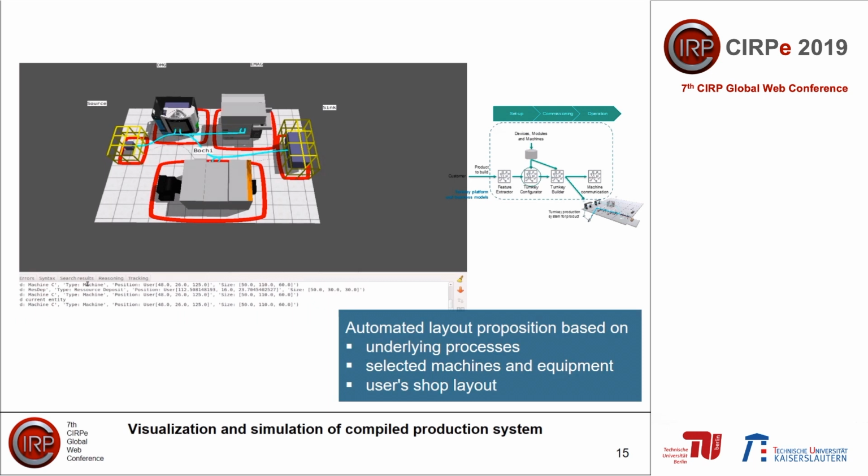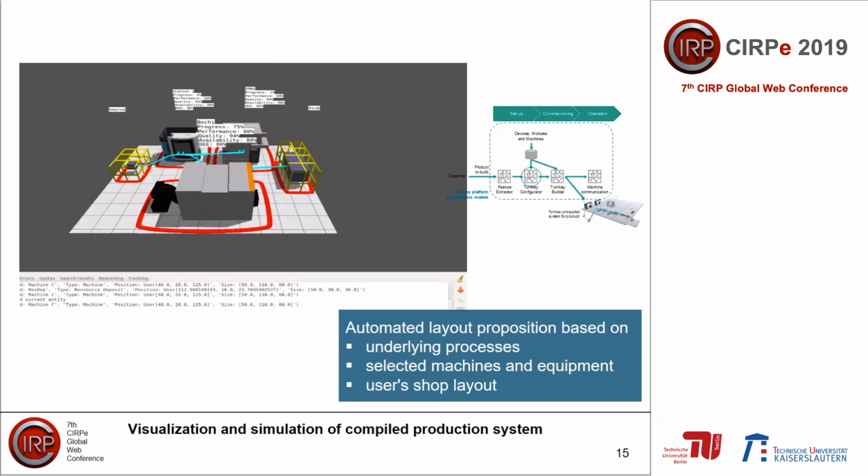The machines are positioned in an automated layout proposition based on the underlying processes as well as the selected machine parameters and the equipment. The customer also has the option to use his or her own shop layout as a further requirement for the configuration process, or customize the layout later on.